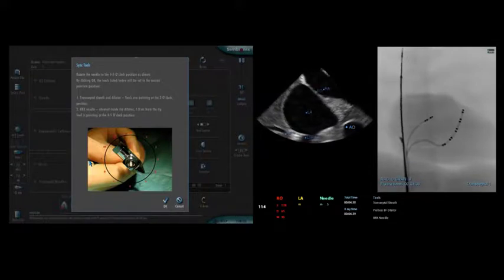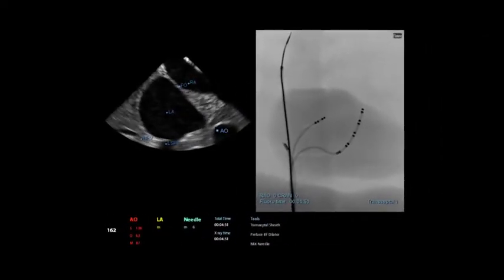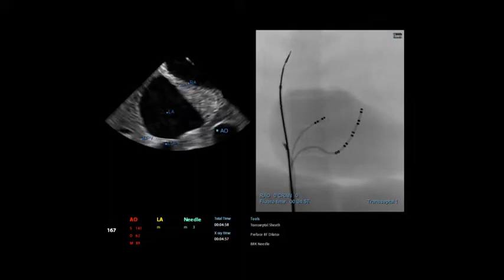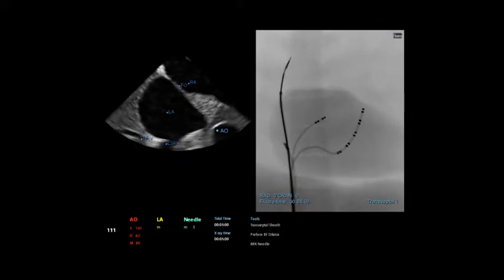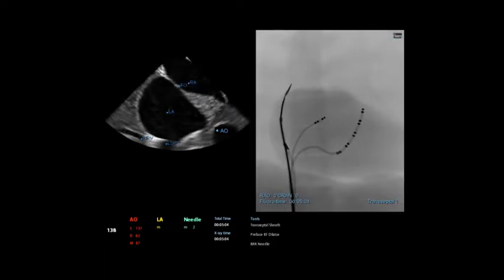Then again, the system is calibrated so that we can start the maneuver of withdrawing the transseptal assembly. You see here better, needle inside the dilator, dilator itself, and sheath. Everything is moved down with the needle orientation at 4 or 5 o'clock.